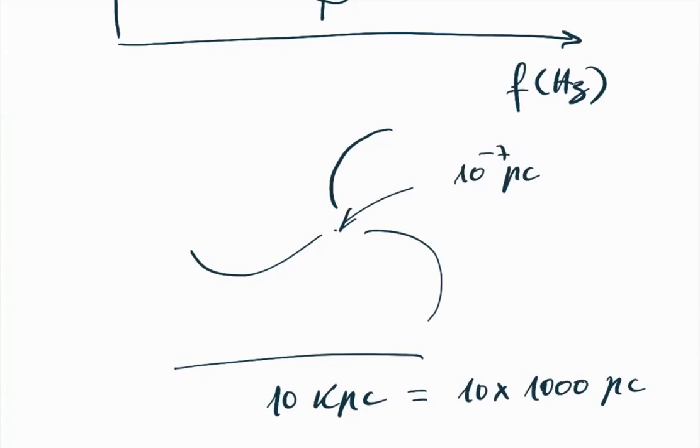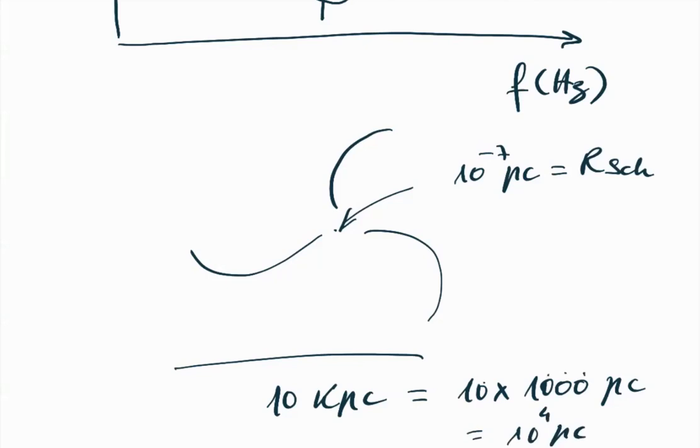Okay, so the typical size of a black hole with a mass such that we are going to be able to look at it with LISA is 10 to the -7 parsecs, right? So from 10 to the -7 to 10 to the 1, 2, 3, 4 parsecs, there are 11 orders of magnitude of difference.